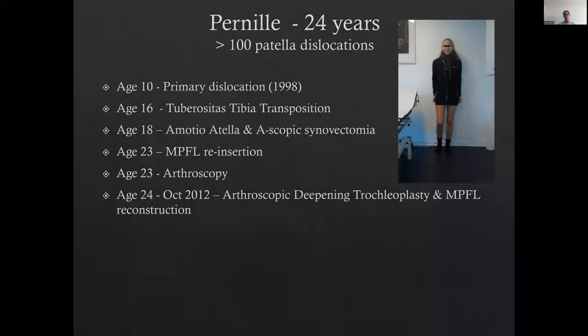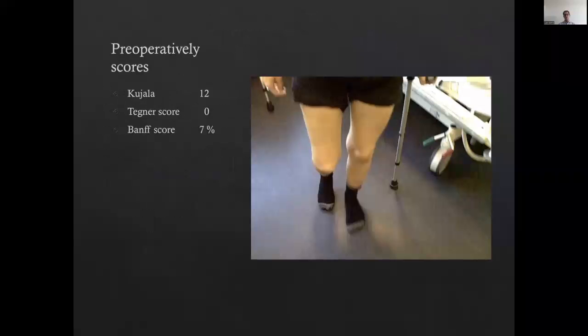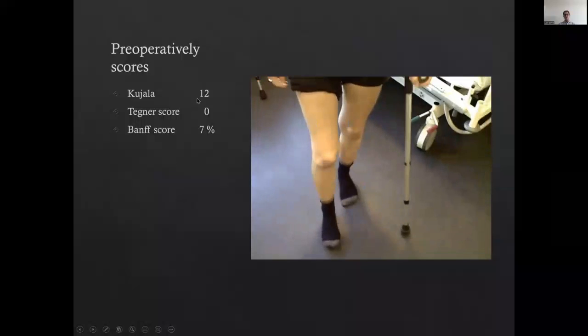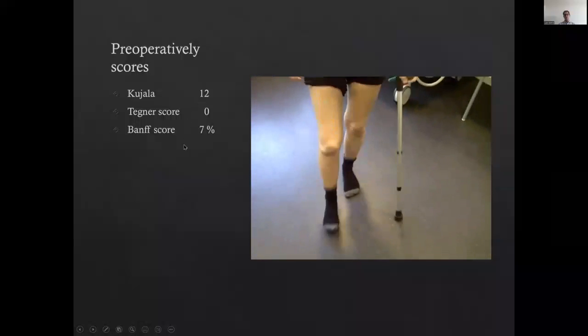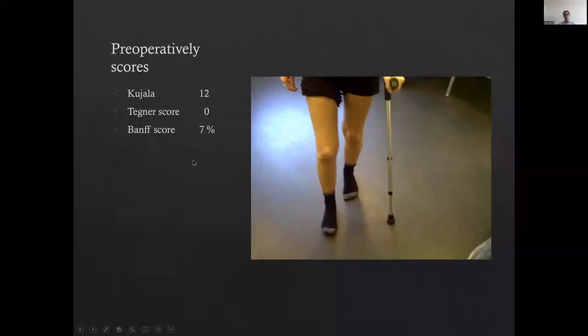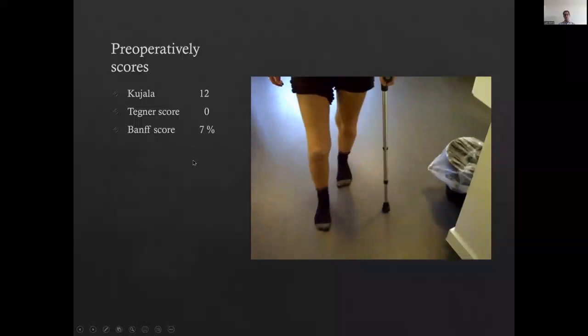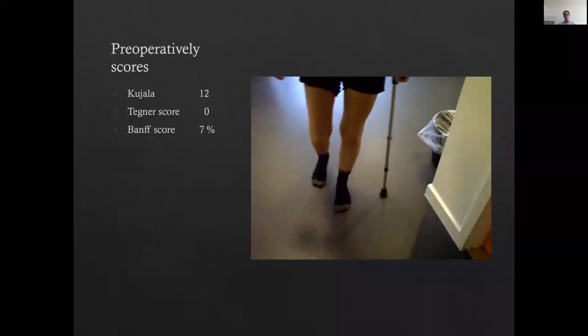And I saw her when she was 24, and I did an arthroscopic deepening trochleoplasty and MPFL reconstruction. So it's 10 years ago, and I know she's still doing very well. But this was preoperatively. She had a Kujala score of 12, Tegner score 0, BAND score 7%. She was in her bed, and you can see she could barely walk.